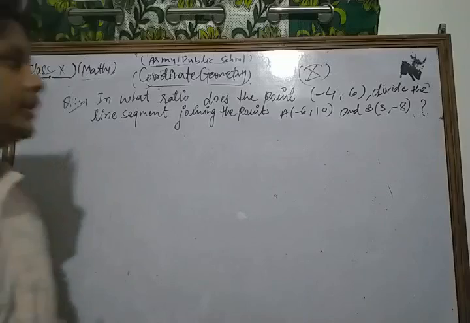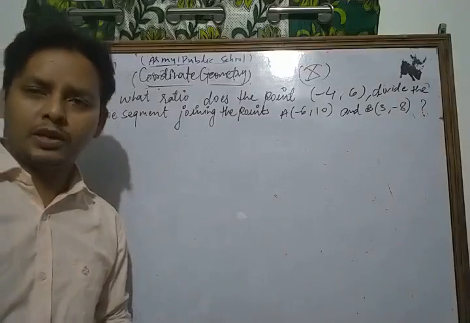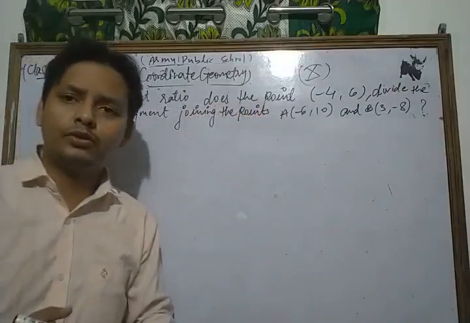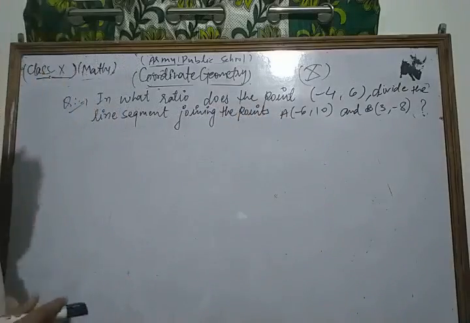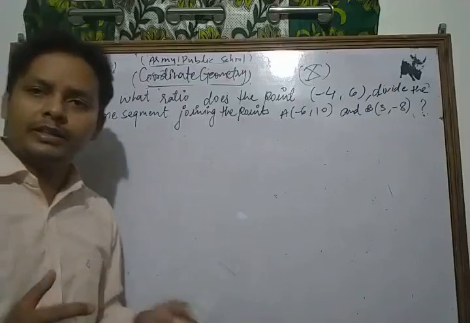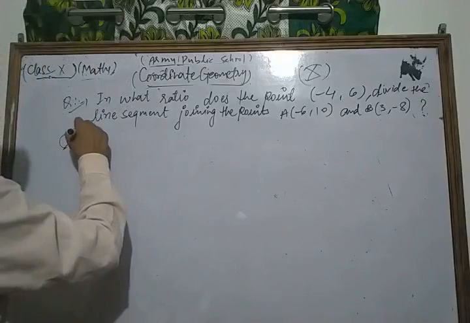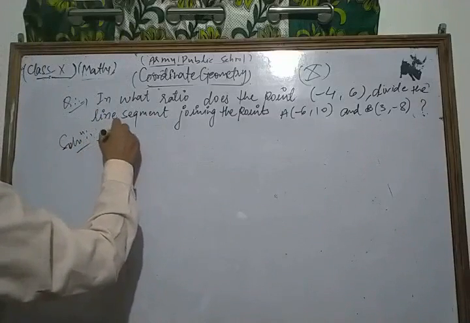So this is the question here. So we find the required ratio. The question is, in what ratio does the point minus 4, 6 divide the line segment joining the points A and B? So let the required ratio be m is to n, and first of all let's see its solution.